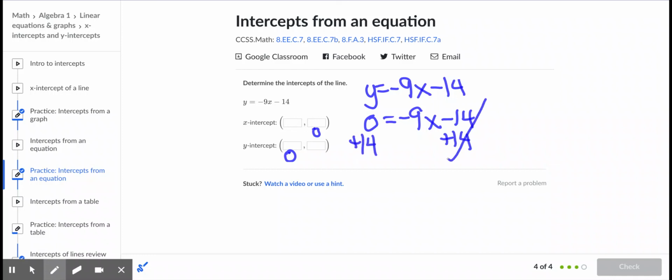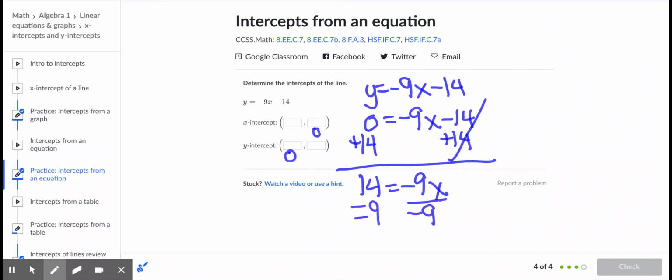My 14's cancel out, and I'm left with 14 is equal to negative 9x. The opposite of multiplying by negative 9 is to divide by negative 9 on both sides. My 9's cancel out, and I'm left with negative 14 ninths is equal to x.